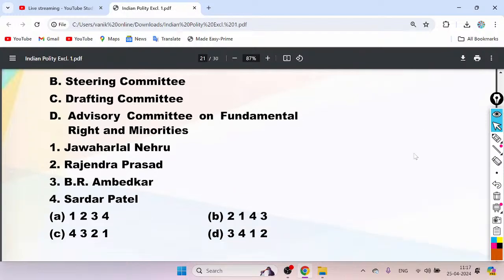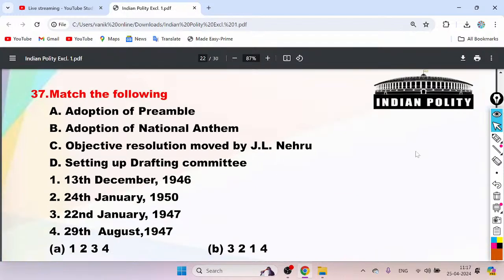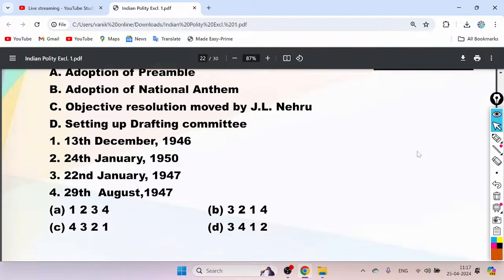We shall come to 37. Adoption of preamble.